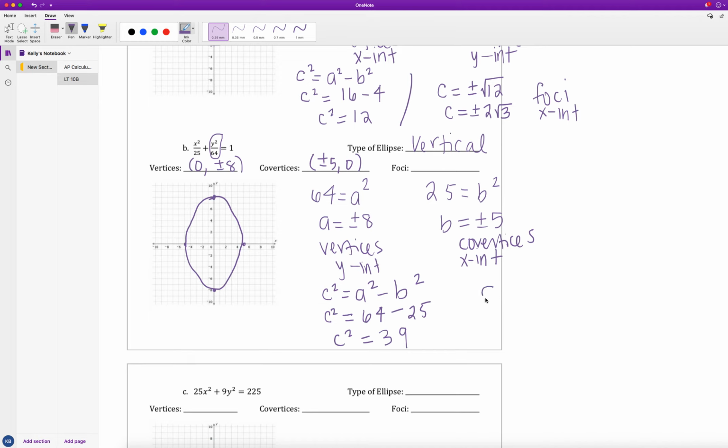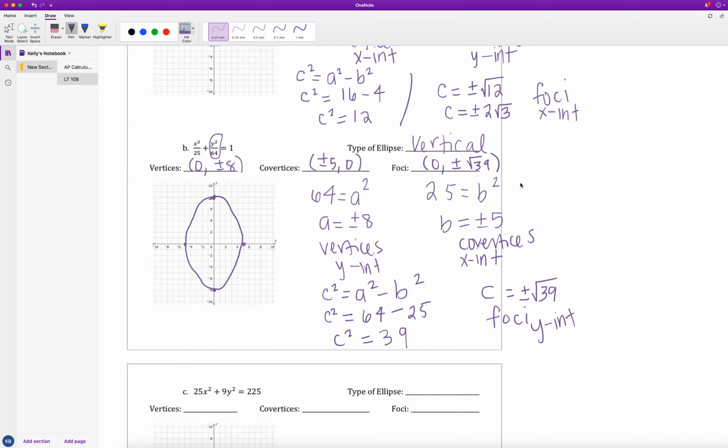Now again, I'm going to square root both sides, so I get c to be plus or minus the square root of 39. Now, unlike before, 39 does not have any perfect squares in it, so I can't simplify it, and those are going to be the values for my foci. Because this is a vertical ellipse, my foci is also going to be on the y-axis, so they will be y-intercepts, and those guys will be 0, comma, plus or minus the square root of 39.